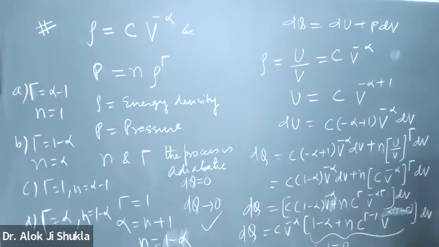Now tell, these are the 4 options. Some questions, you have to see the options also, no? Options are given, so we have tried this. Okay, you can try otherwise also, if somebody asks how to go about it.